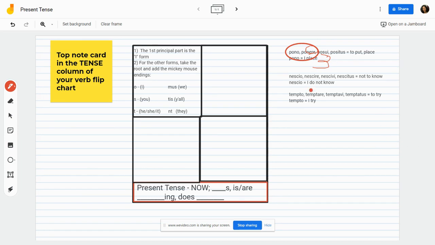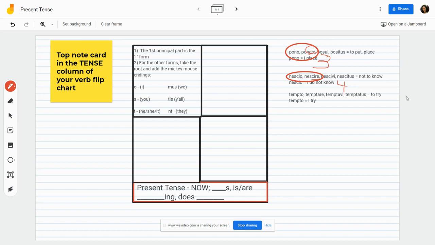So to find the root, I'm going to go down to the bottom of my chart, and it says to find the root, take the first principal part, cut off the O. All right? So that's how you find the root for that one. For nescio, nescire, this is an IRE verb, a fourth conjugation verb.